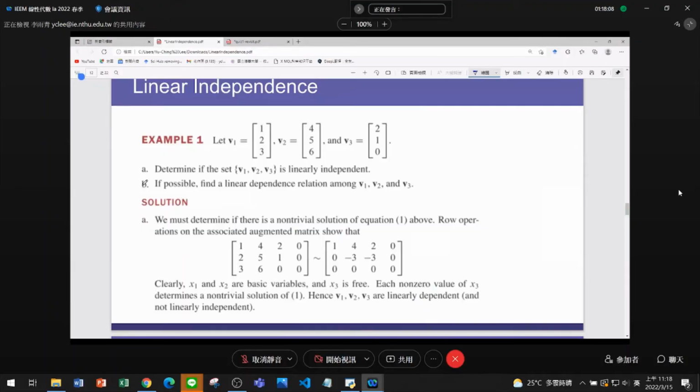So the augmented matrix we form is to put v1 right here, and then v2 right here, and put v3 right here, and put 0 next to it, and solve this augmented matrix using row reduction. We get such an echelon form.